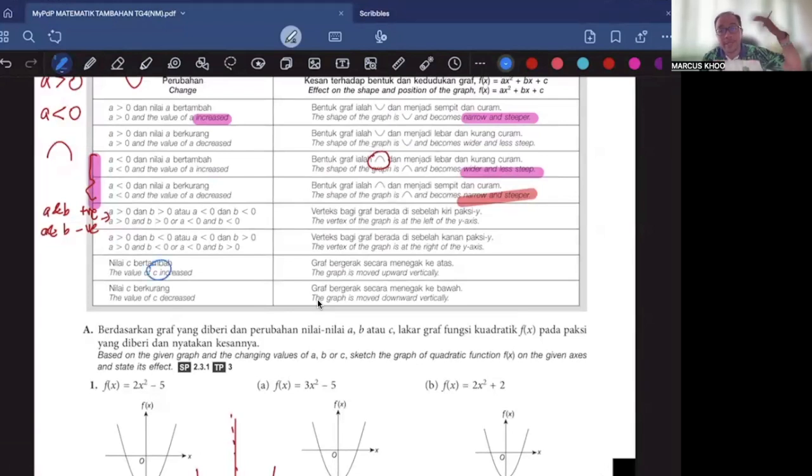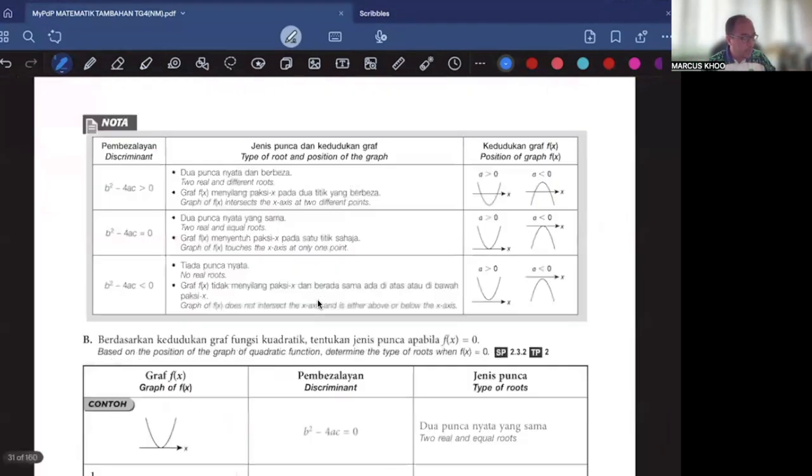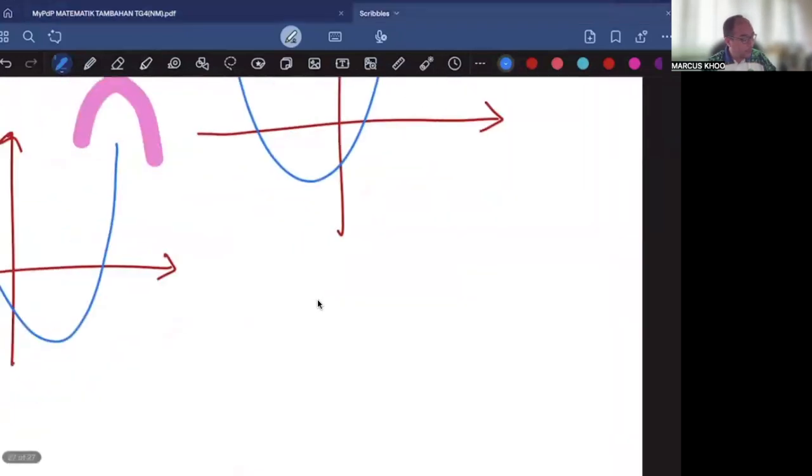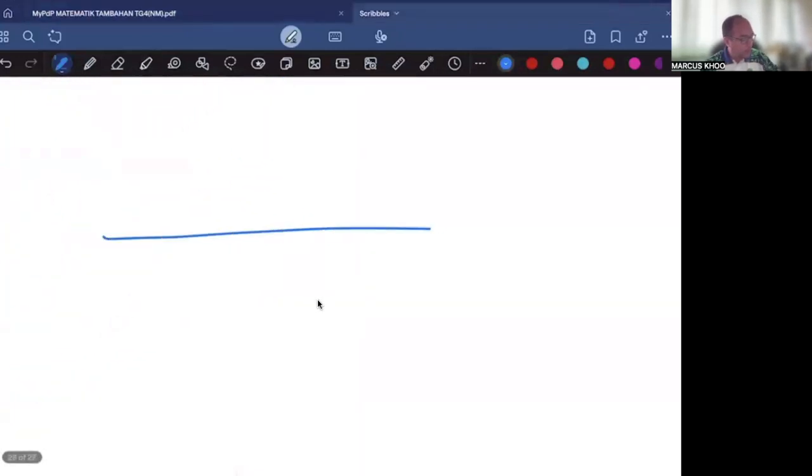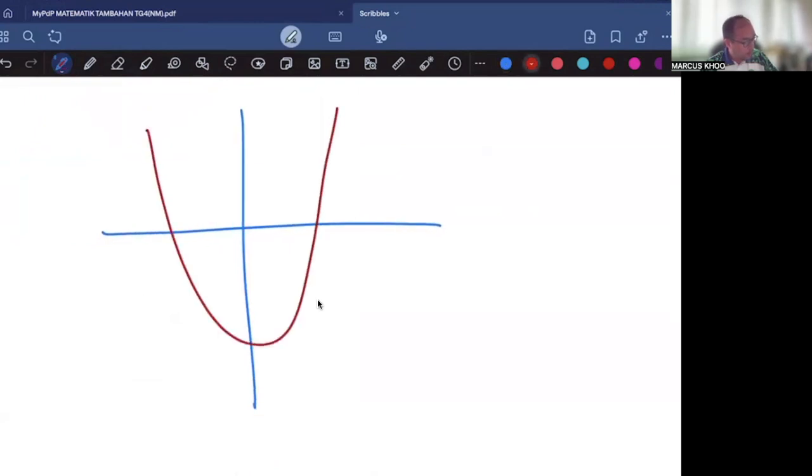Next, we look at the value of C. If you increase C, the graph moves upwards vertically. If you decrease C, the graph moves downwards. So let's say maybe your original graph looks like this. Here my C is -3. Then I change my C to -1.